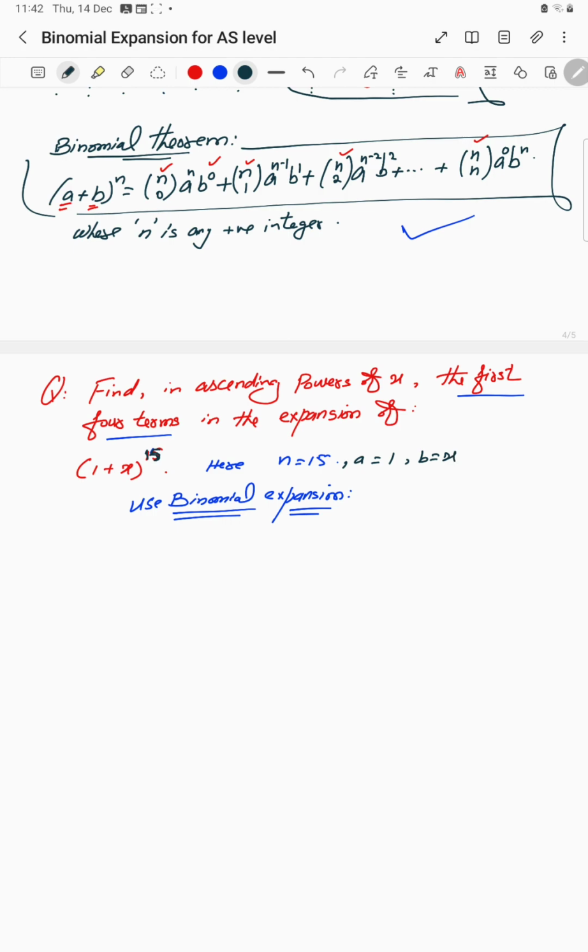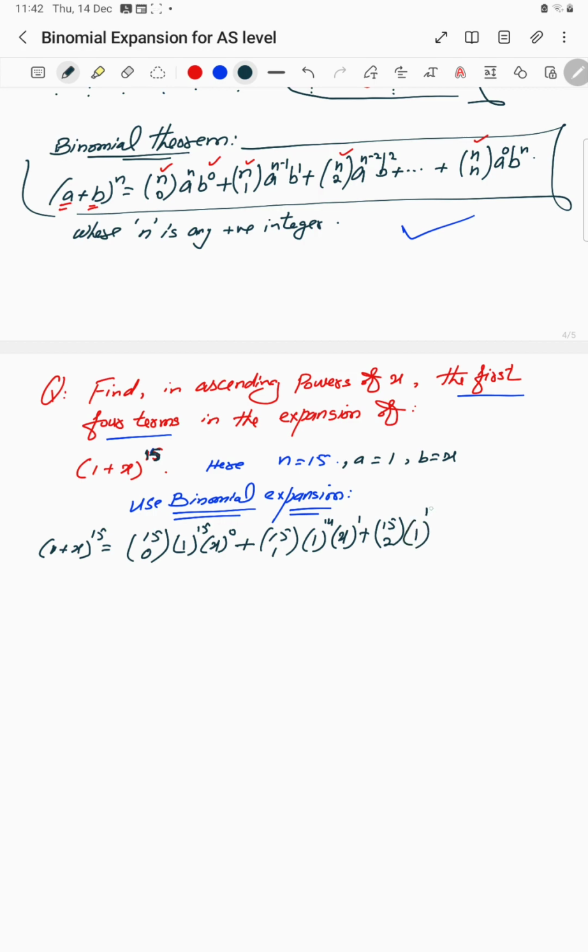By applying the rule mentioned above, 1 plus x power 15 will be, we start from 15c0, 1 power 15, x power 0, plus then 15c1, 1 power 14, and x power 1, 15c2, 1 power 13, x power 2.